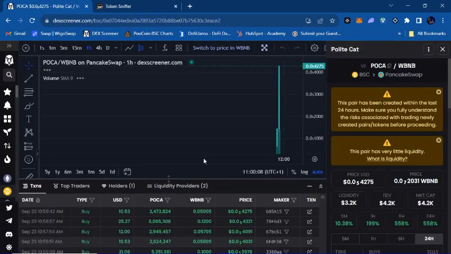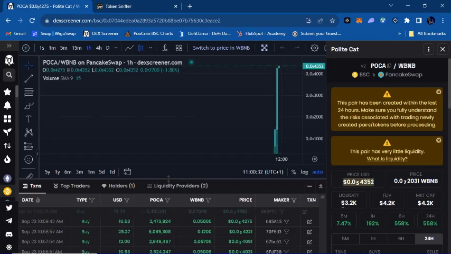So you can see there's a caution that it has been created within the last 24 hours. Make sure you fully understand the risks associated with trading newly created pairs. Now, this pair has very little liquidity. As you can see, the liquidity is $3,200. It is very little, but it is a substantial amount if you are looking to ape into something that is very, very new and you're looking for a profit.